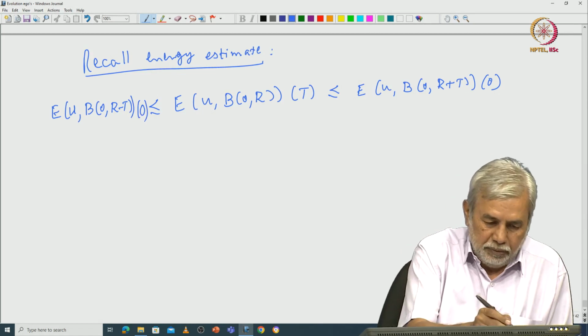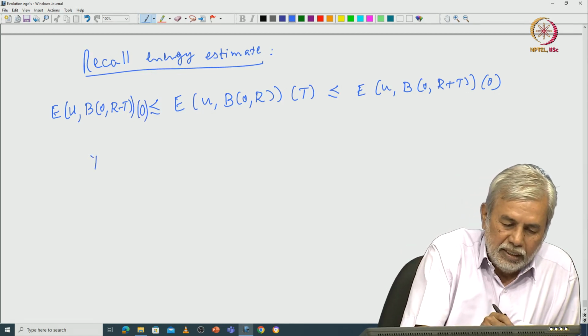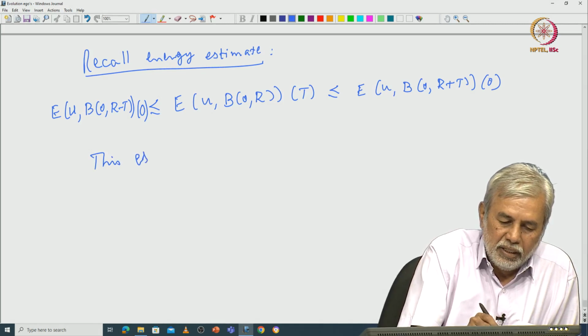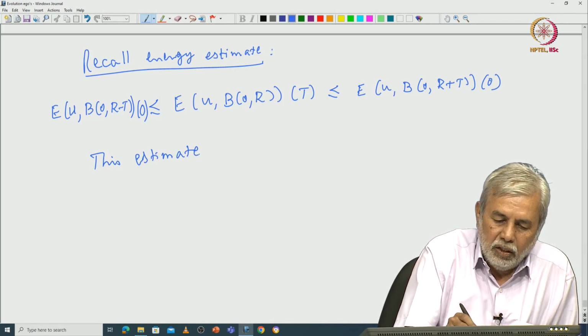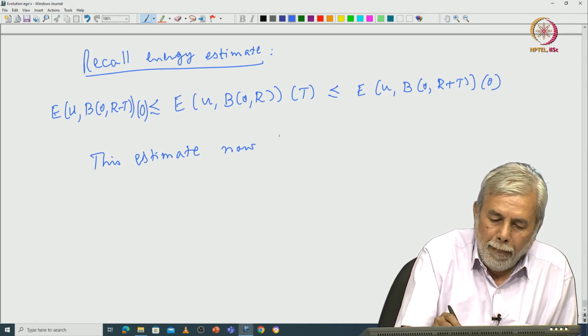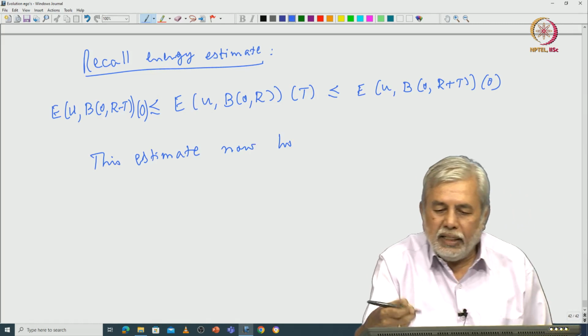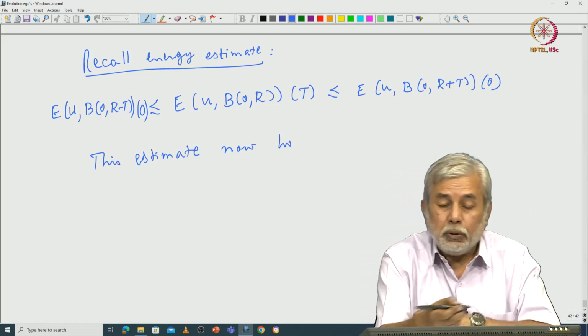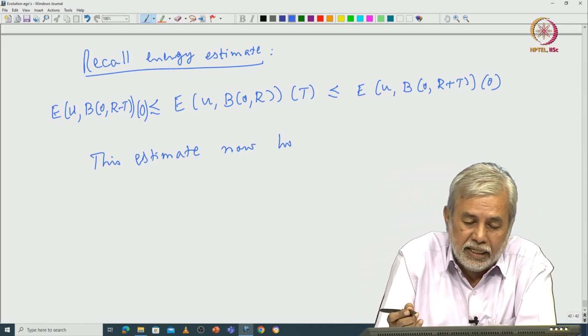So, this energy estimate was proved under the assumption that u is smooth, by taking the initial conditions smooth.